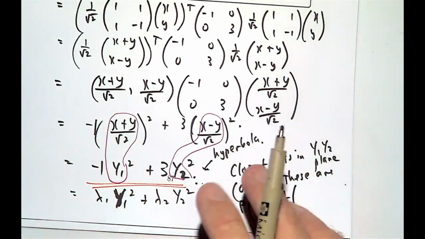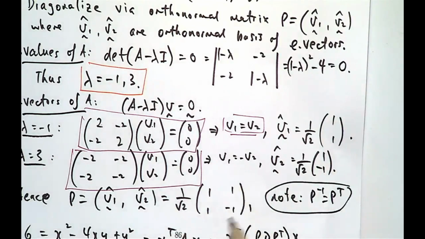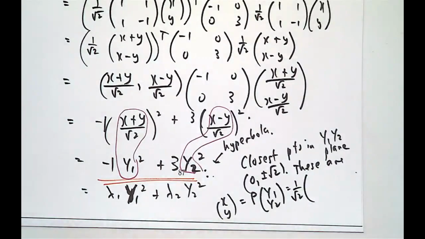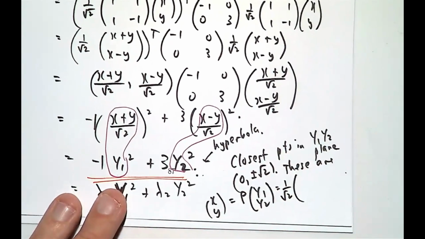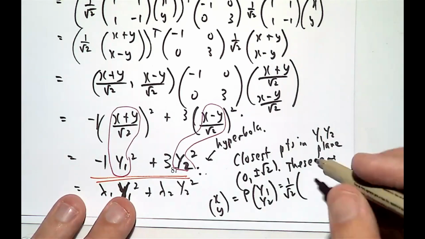Our matrix P was there, and we just multiply that by these points here.